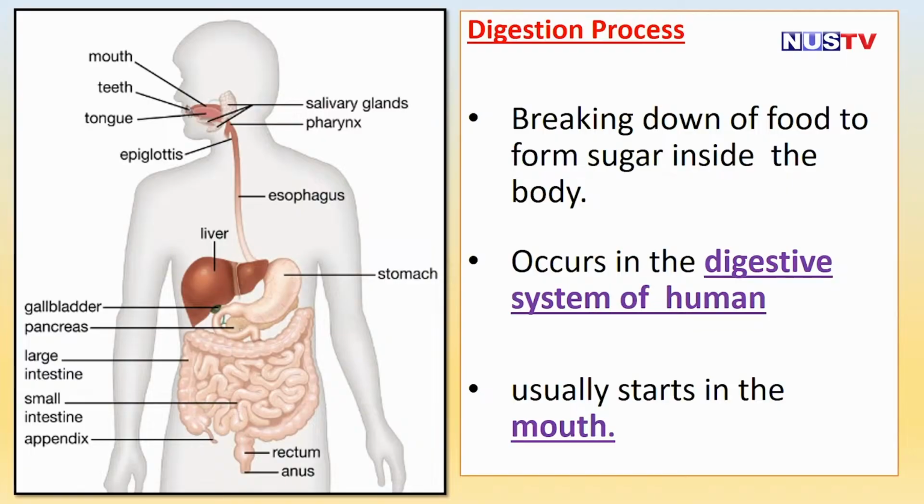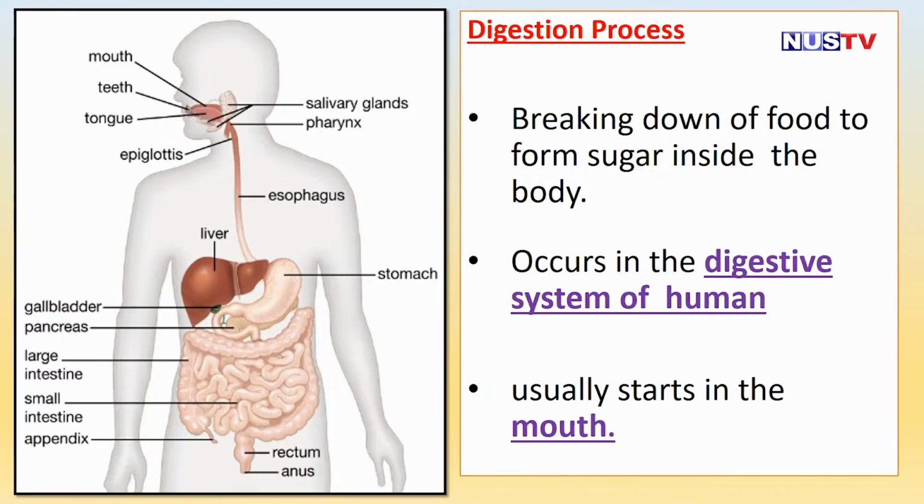Inside our human body, a process called digestion occurs. So when you see the word digestion, what do you think? Some might think it comes from the root word digest. Yes, it is.